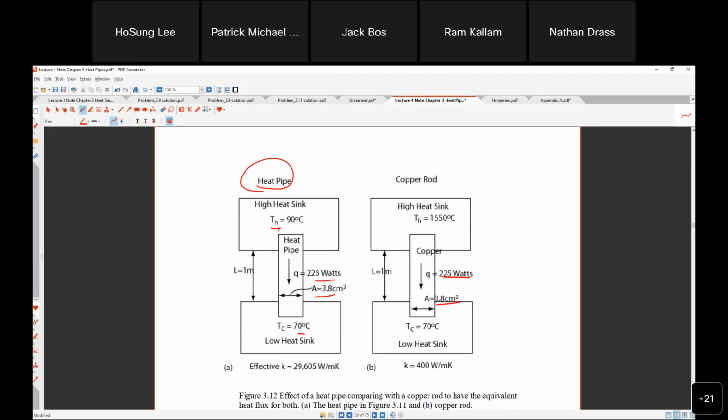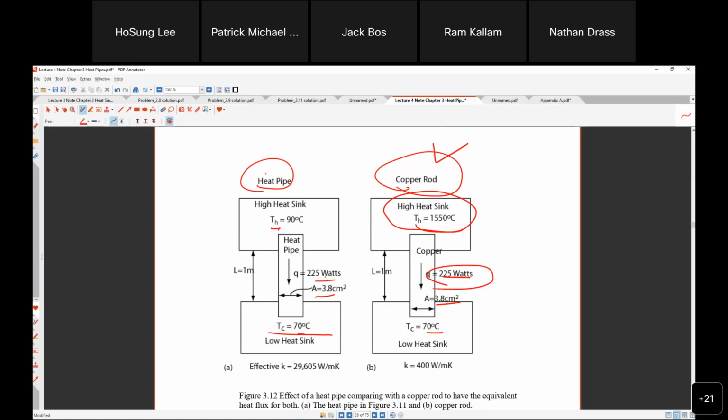In order to achieve 225 with just copper, not a heat pipe, we would need this high temperature, 1,500. If we want to use copper, we have to have a 1,500 temperature to achieve this heat flux.